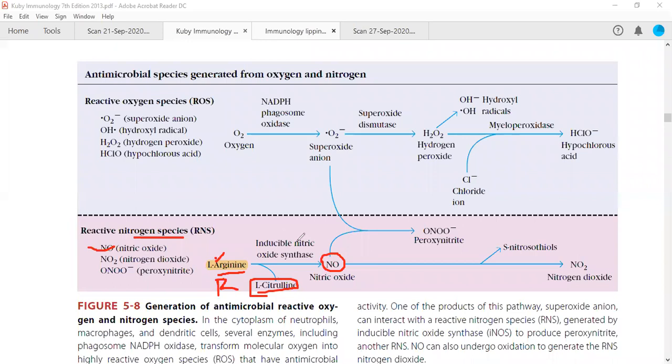It is synthesized by an enzyme called inducible nitric oxide synthase. Sorry, synthase. There is a difference between synthase and synthetase: synthase does not require ATP energy, whereas synthetase does require an energy source, for example ATP or NADPH.